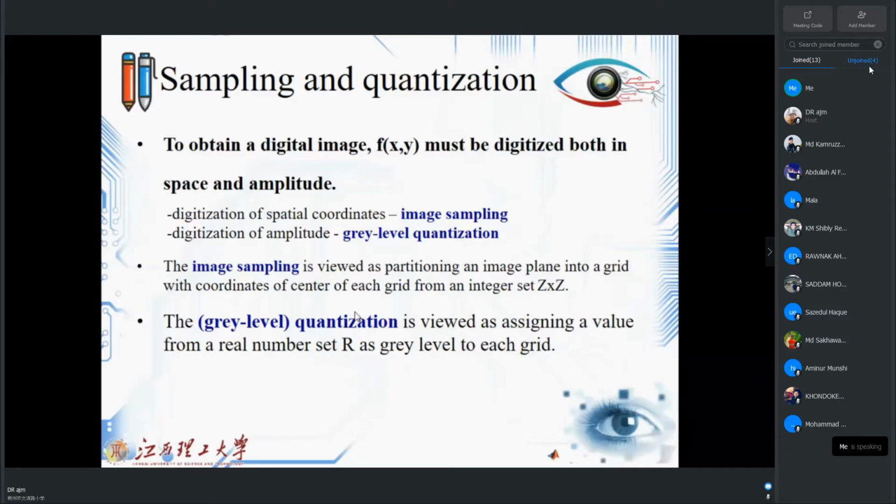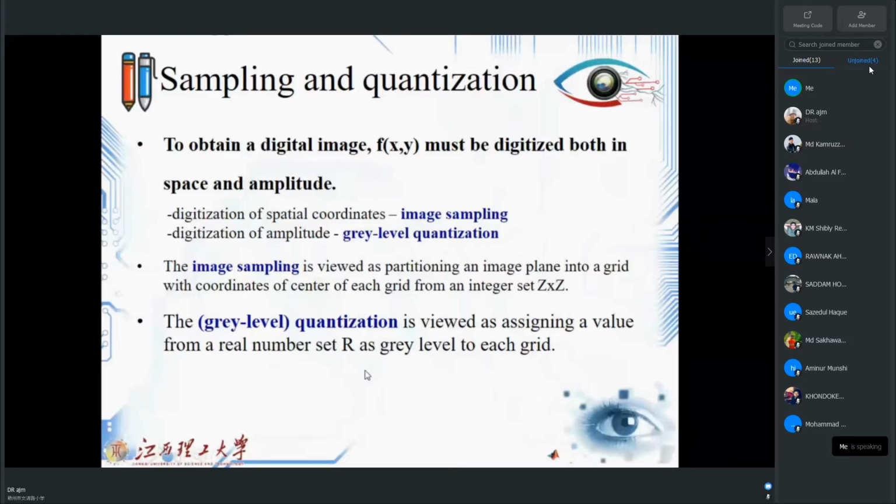Image sampling is viewed as partitioning an image plane into a grid, with the coordinates of the center of each grid from an integer set Z by Z. And gray level quantization is viewed as assigning a value from the real number set R as a gray level to each grid.